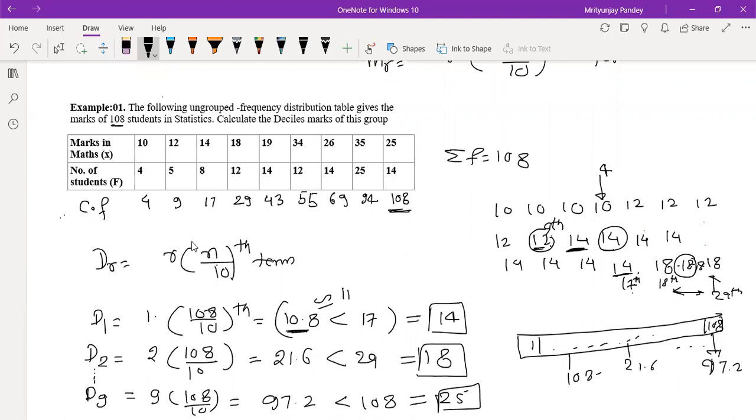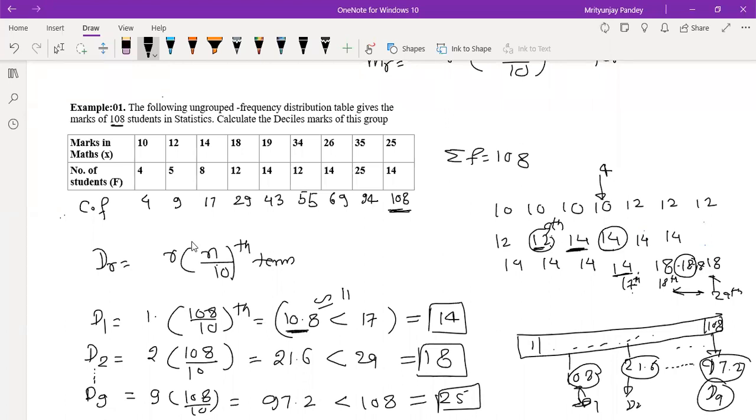So first partition is D1, second is D2, third partition is D3 and last partition is D9. But formula आपके सामने, आप इसी से कैलकुलेट कर सकते हैं. Okay.